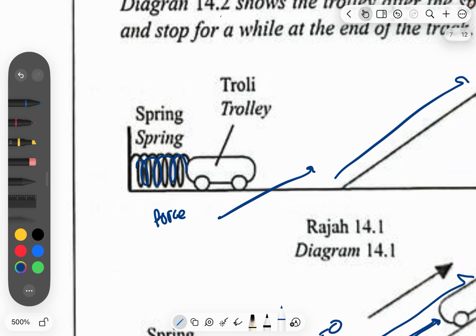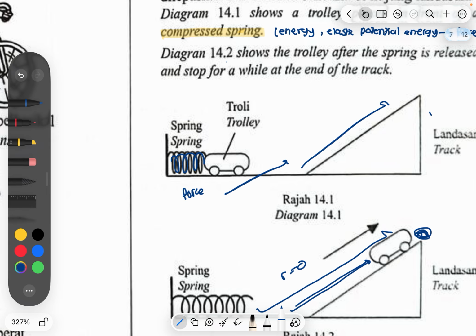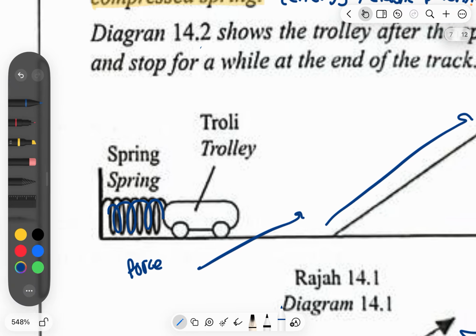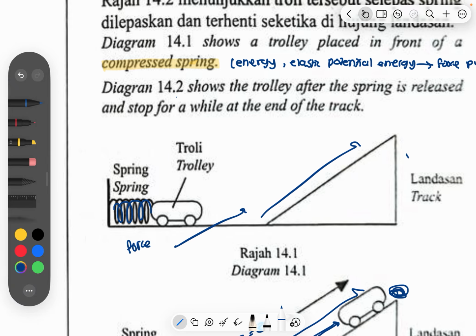As time increases, the speed or the velocity of the object will continue to increase at a constant rate.